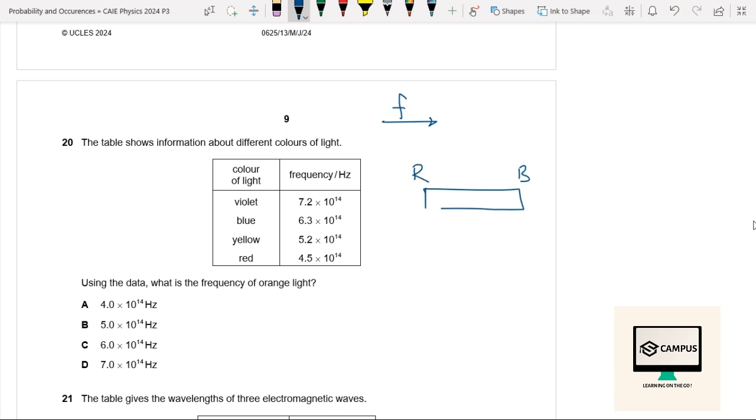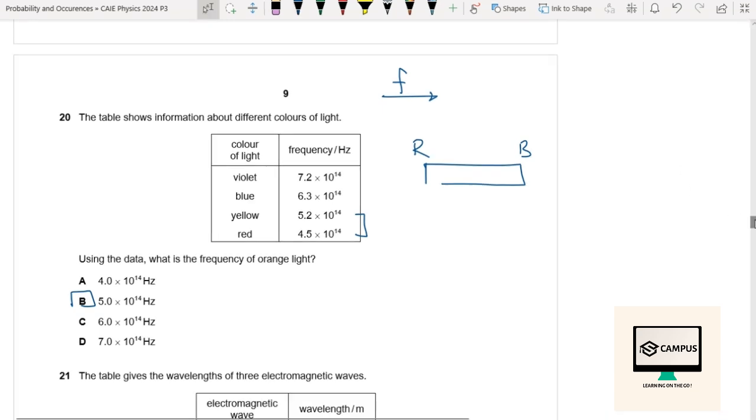So red color contains the lowest of the frequencies. Since orange is made up of yellow and red, we should be seeing orange somewhere here, higher in frequency than the red, and lower than the yellow. So yeah, others are not in the range, so B is the right answer.